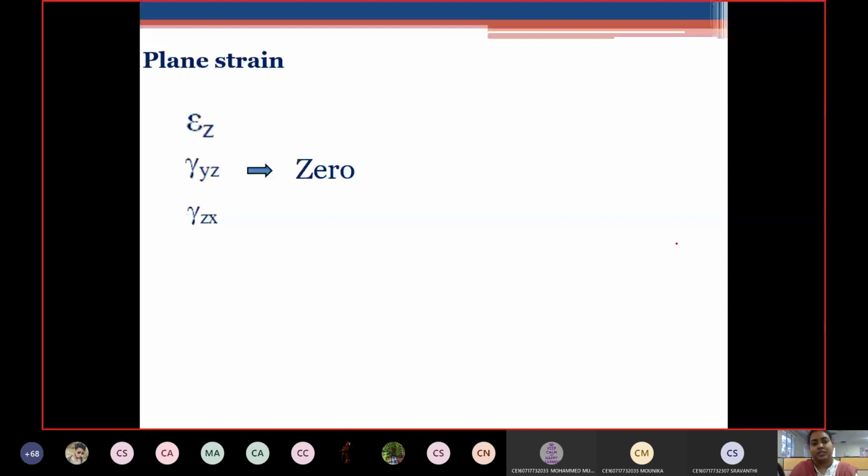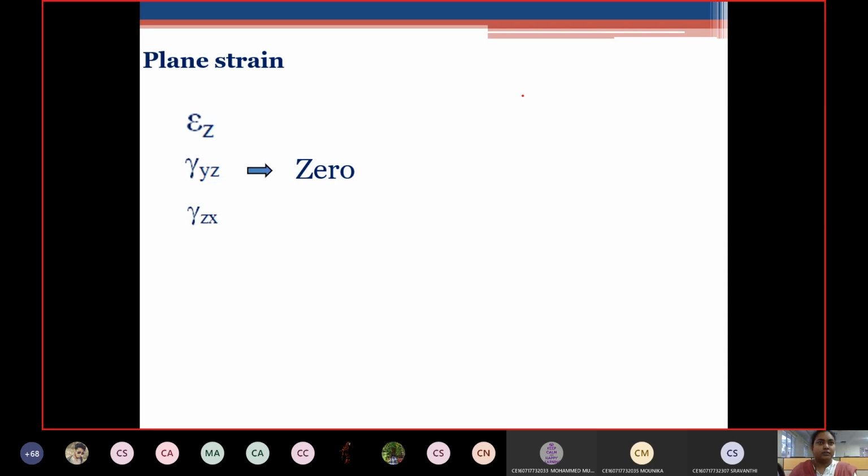Plane strain. Suppose we have a pipe. In plane strain, we are considering that you can find strain possibilities in only 2 directions. Water flows in the lateral direction, you can see the stress constraints, whereas in the longitudinal direction you cannot find it.